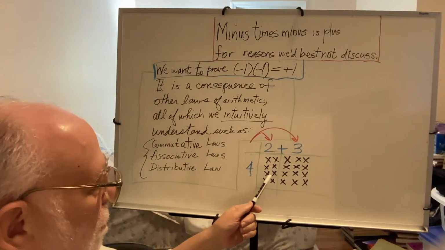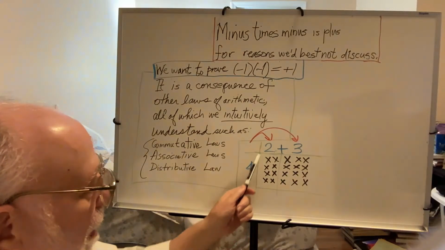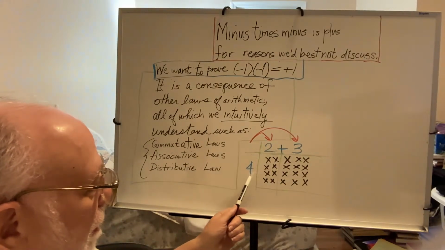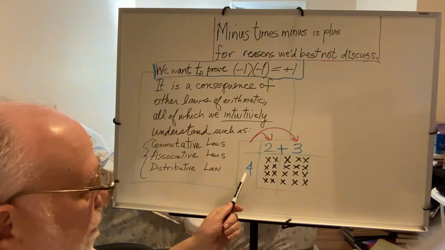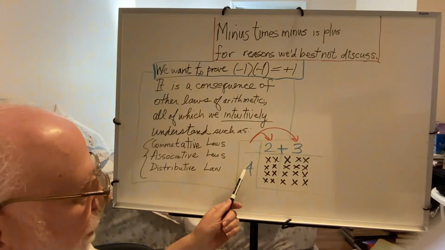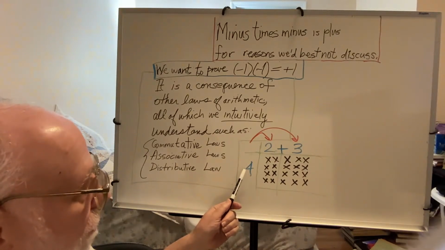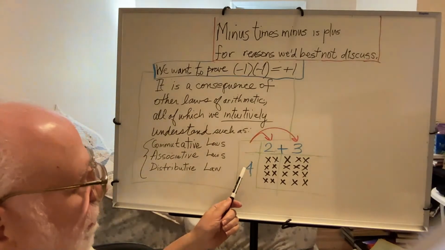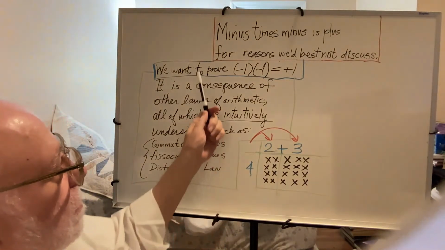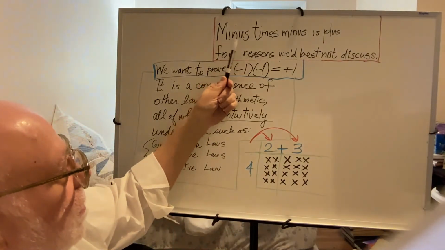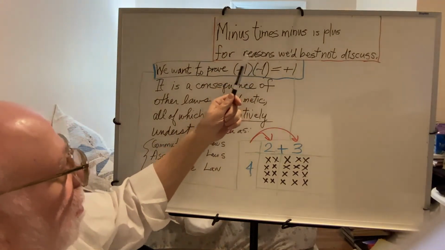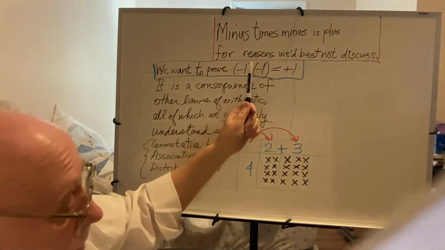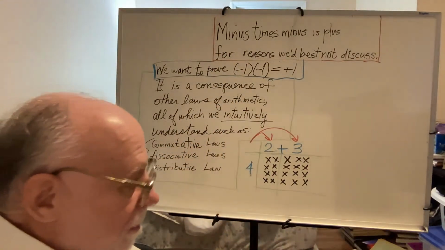You see that there's 20 x's, and you can break this up, and this will help people to accept the distributive property as being an intuitive idea. This is your old poem, minus times minus is plus, for reasons we'd best not discuss.